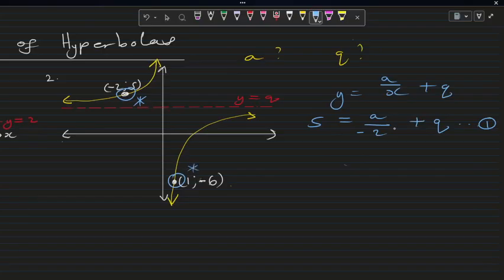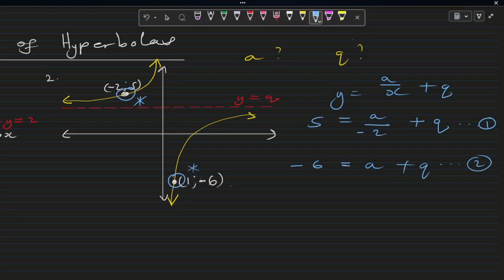Then if we consider this point, we see that y is minus 6, and we have a over x, but x is equal to 1, so it will just be a over 1, which is just a. So this will be a plus q. This is equation 2.